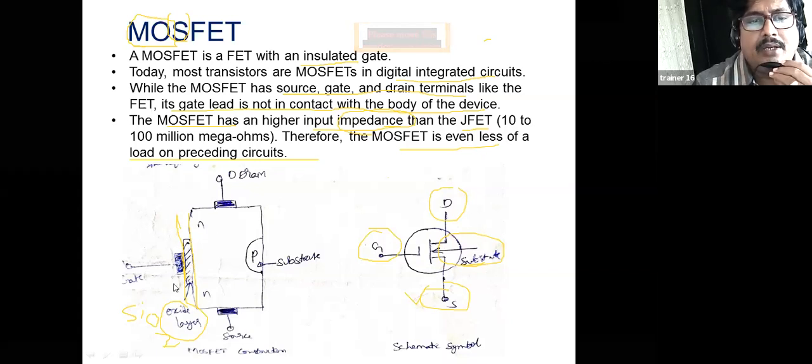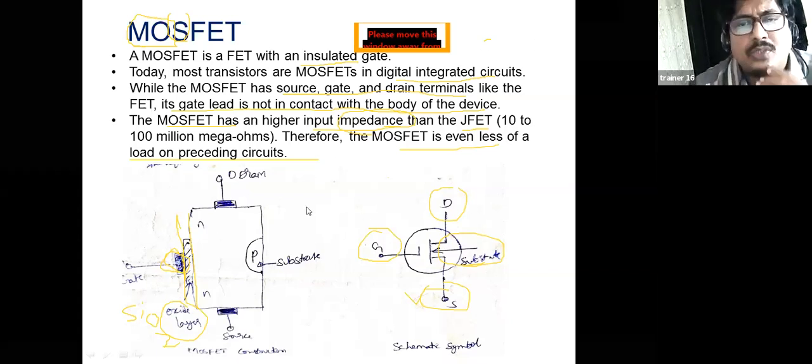And the gate is deposited on the oxide layer, silicon dioxide. So what you have to understand here, anybody can tell you about this.